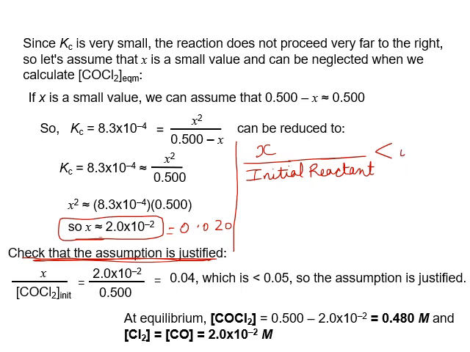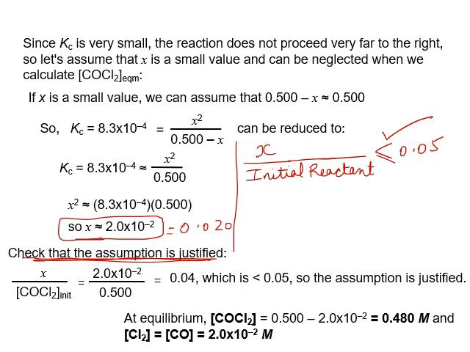If it is less than 0.05, you can say your assumption is justified, meaning whatever answer you get here is correct. If this value is not less than 0.05, then your assumption is not correct, and you cannot make an assumption. You will have to use the quadratic equation rules to solve for x.